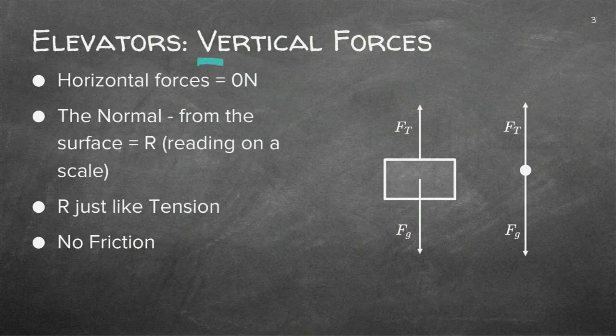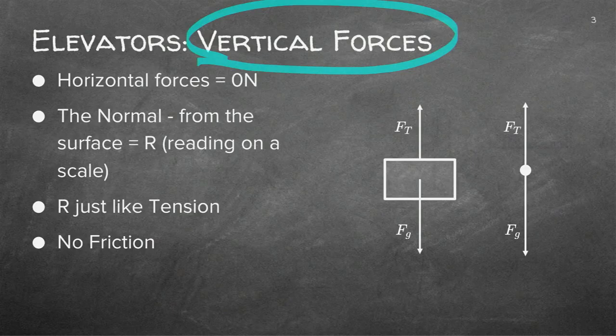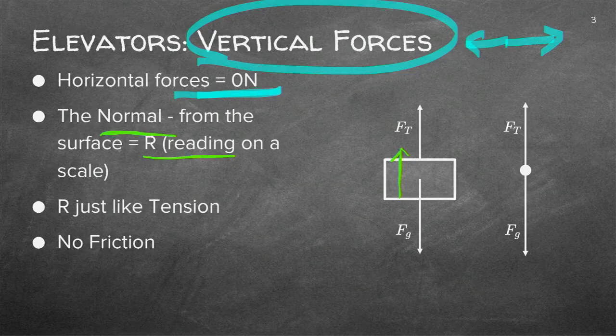We are now busy with vertical forces. And remember, because we're working with vertical forces, the horizontal forces will be zero. There's no forces to the left or to the right. Also, we've got a normal. Remember, we are pushing against the surface upward. And in this case, it will be a reading on a scale. I'll go to the scale just now.